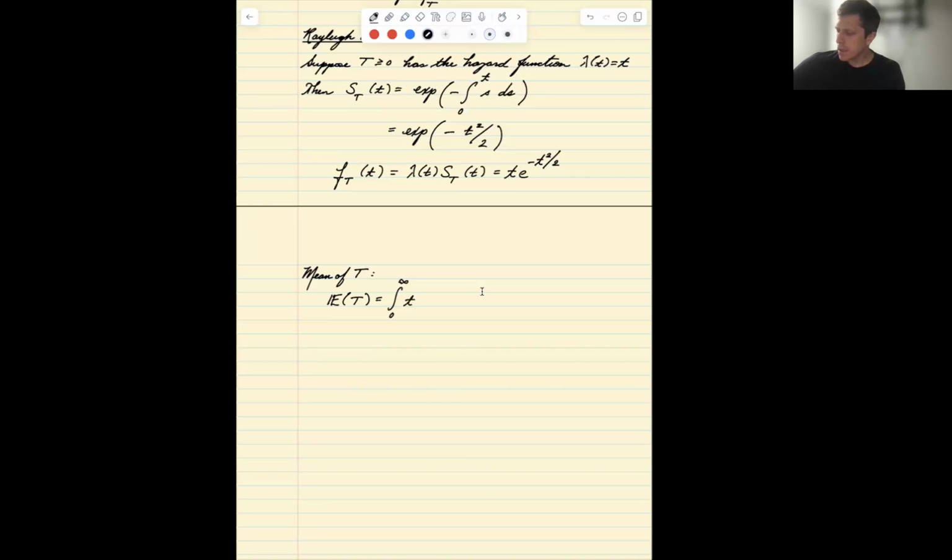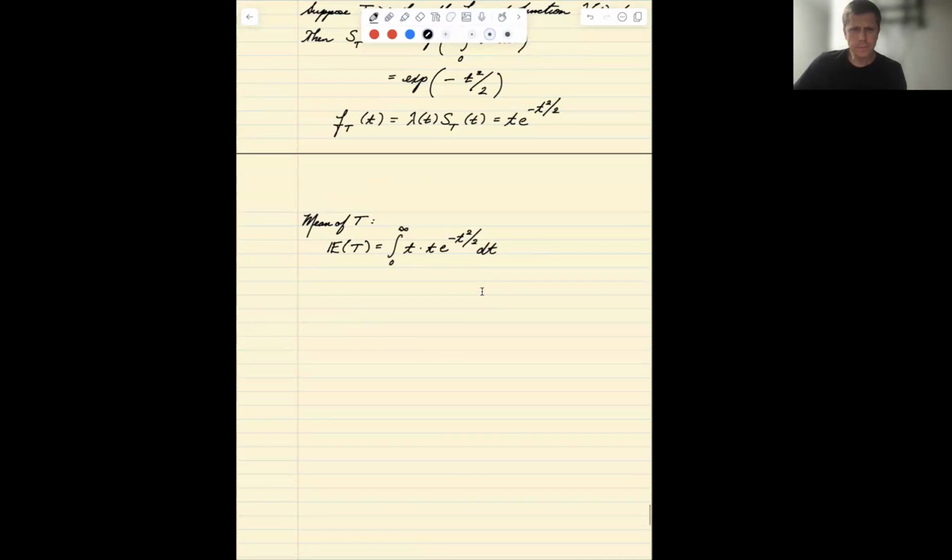Okay. So the expectation is the integral of t squared e to the minus t squared over 2 dt. We have to do a little bit of manipulation here.